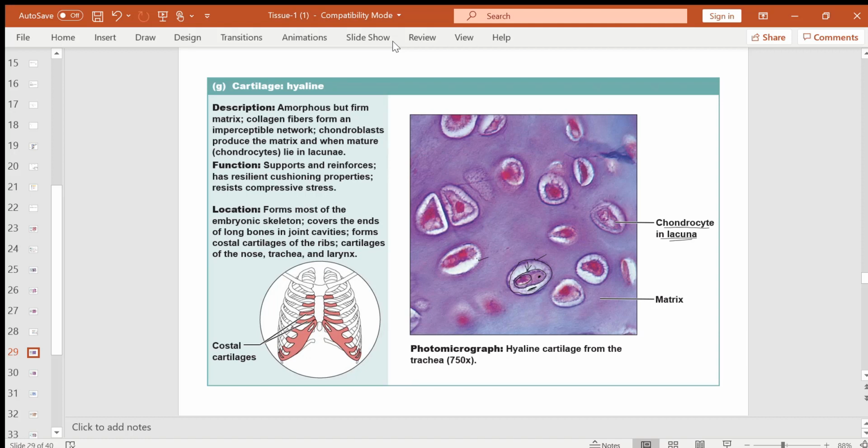Chondro means cartilage, and in between the cells, a lot of matrix. So plenty of matrix in between the lacunae. So this is how the hyaline cartilage looks. No visible fiber in the matrix. So few cells inside the lacunae and plenty of matrix.